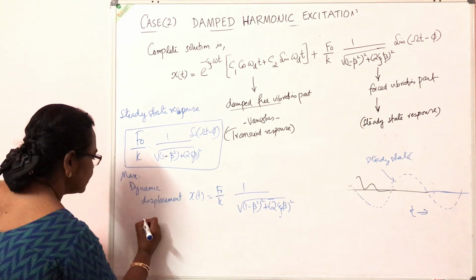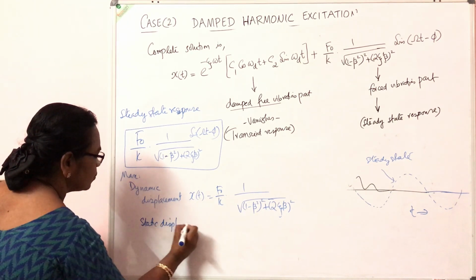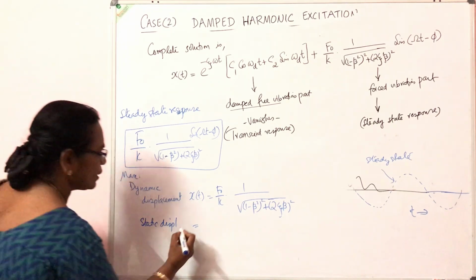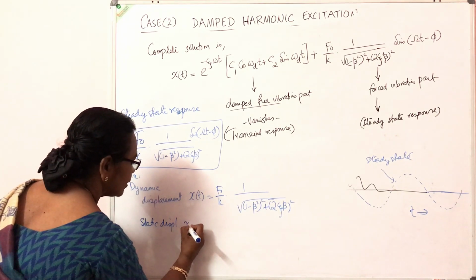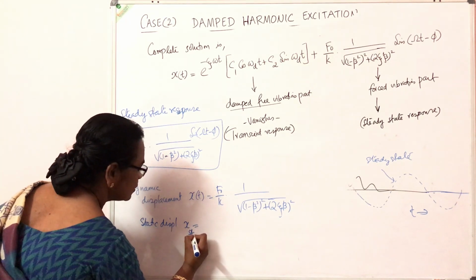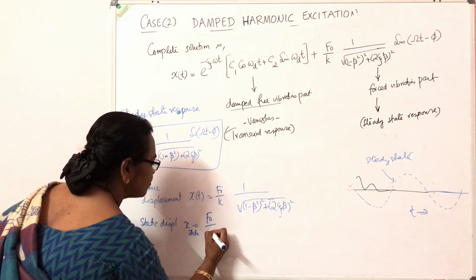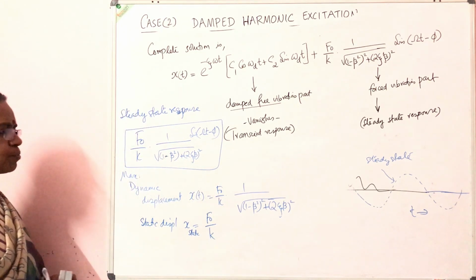What about the static displacement? Static displacement, if the load is applied statically, delta x static, will be load divided by stiffness, F0 by K.